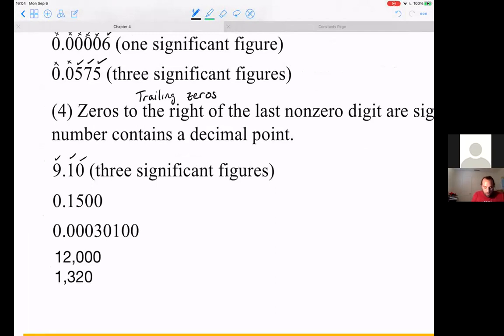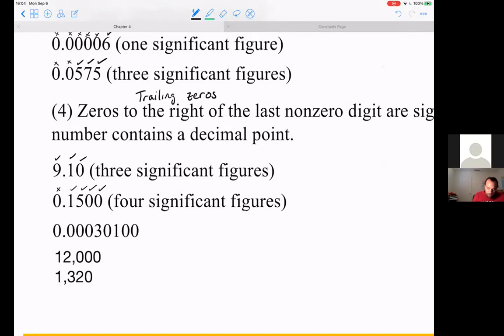What about 0.1500? I'm not going to count this leading 0, because leading zeros never count, but I'm going to count this one, and then because these two fall in a number that has a decimal, they count as significant. So this would be 4 significant figures.